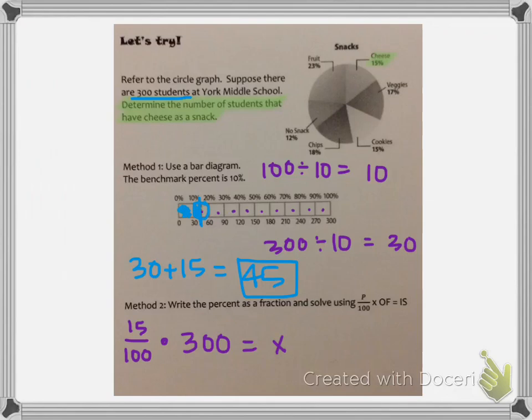Well, I notice that this looks a lot like a multiplying fractions problem that we've done in the past. So if I want to go ahead and make this 300 into a fraction, I can write it 300 over 1, and then it's easy for me to multiply these two fractions. First, I'll cross simplify, and then I can multiply straight across. And we can see again we get 45. So 45 students had cheese as a snack.